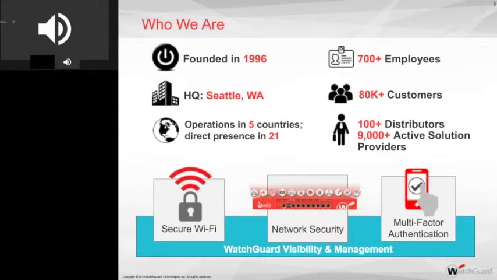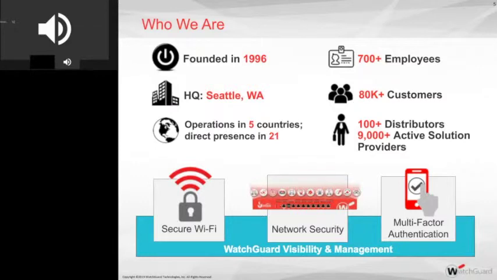We are a global company. We have operations, i.e. big offices, in 5 countries, but we have a direct presence in more than 21. We're at over 700 employees now, over 80,000 customers, and our channel has grown quite significantly over that period of time. Our portfolio has grown as well. I've been here almost 4 years, and when I started, we did just network security, and we had just a few wireless access points that provided a pretty basic offering.